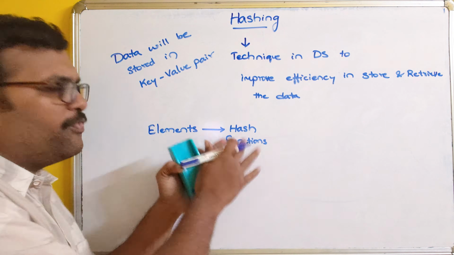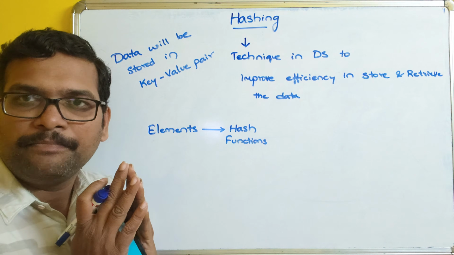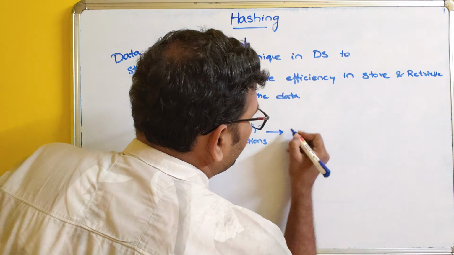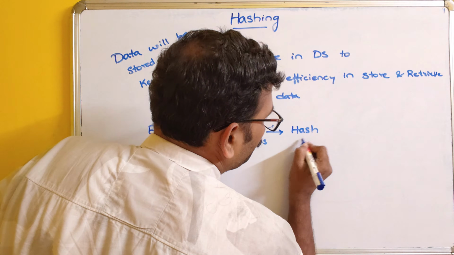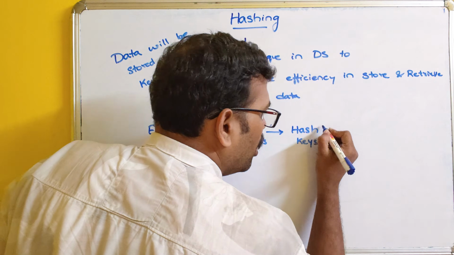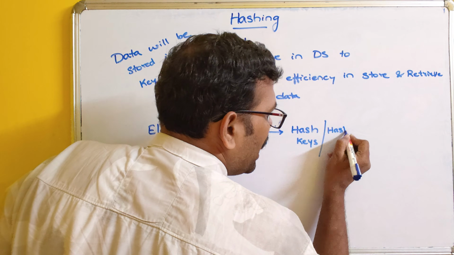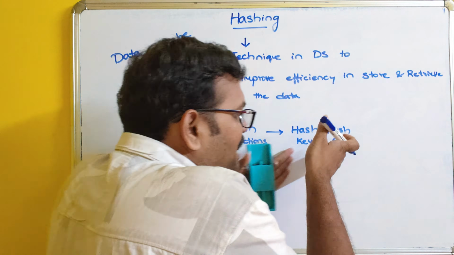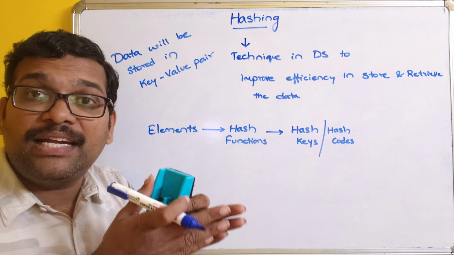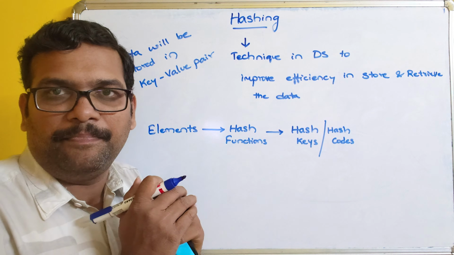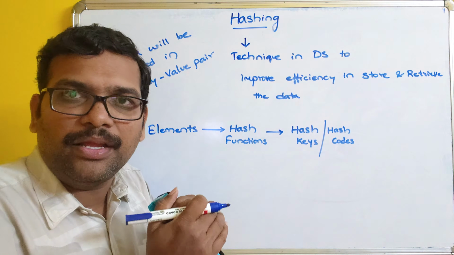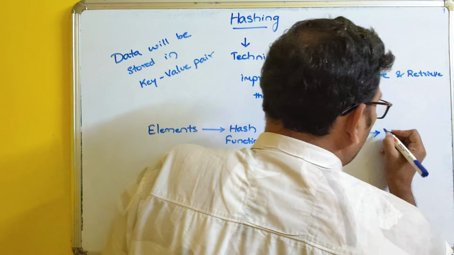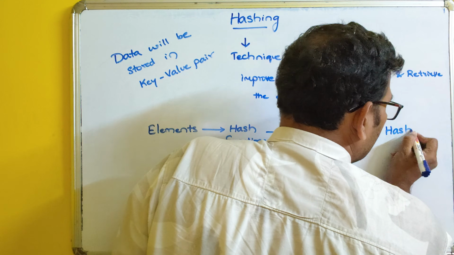As of now, some sort of functions will be applied on these elements, which will produce hash keys, or we can also call them hash codes. These hash keys and hash codes directly represent locations in the memory. So they will be represented in the hash table.